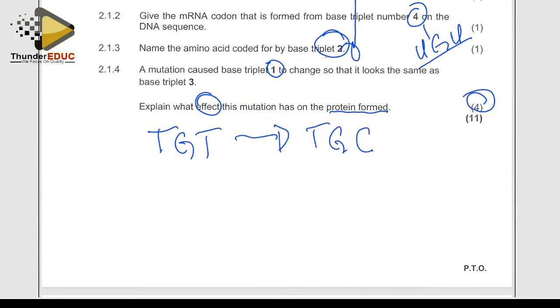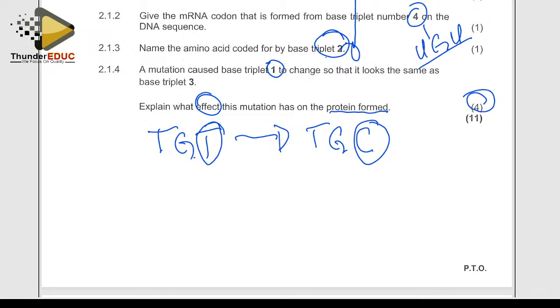So now I need to know what changed. Meaning that this was changed. So you write in the exam that the third base, T, was changed to C.